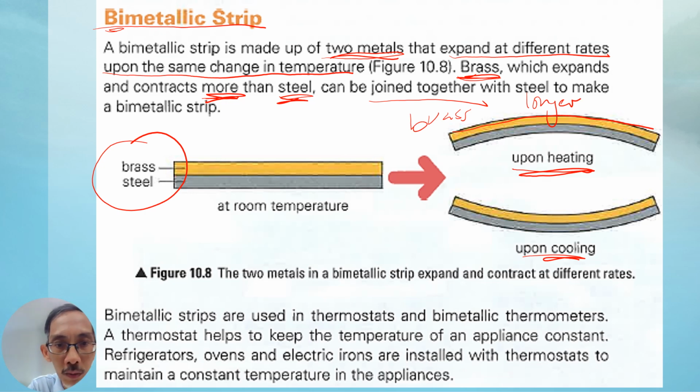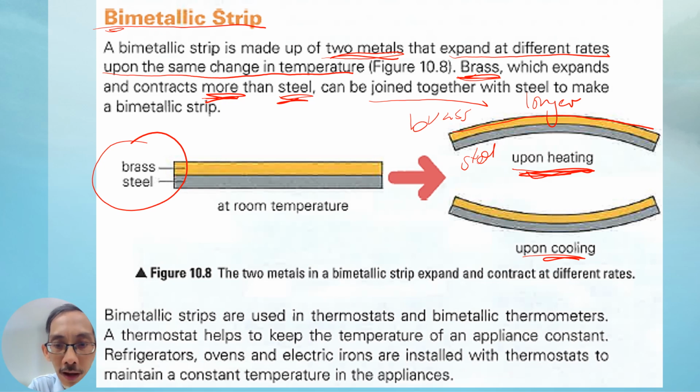If you look below, which is where the steel is, it has not expanded as long as the brass. So you have this shape when this bimetallic strip is being heated.